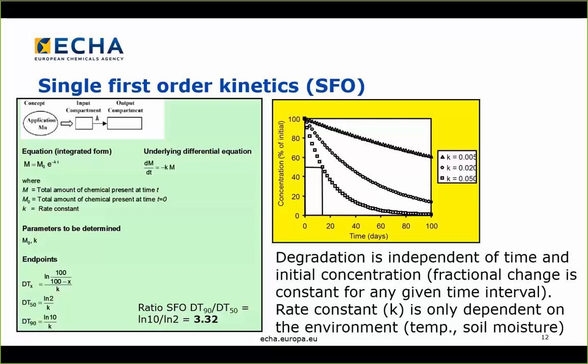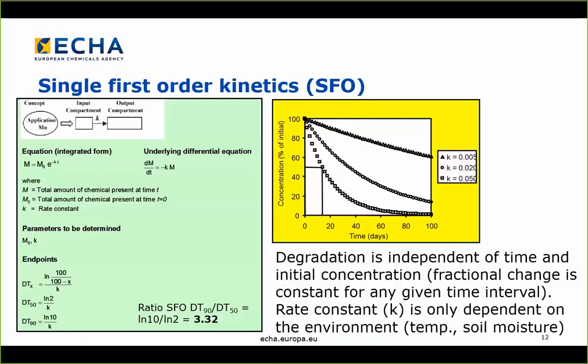The information box also tells us how to calculate DT50s and DT90s, which are often very important outputs of our kinetic assessment. So single first order exponential decay, the DT50 is the natural log 2 divided by the rate constant. The DT90 is the natural log 10 divided by the rate constant.